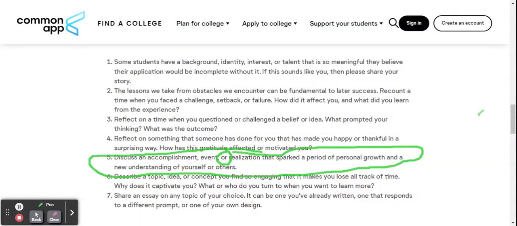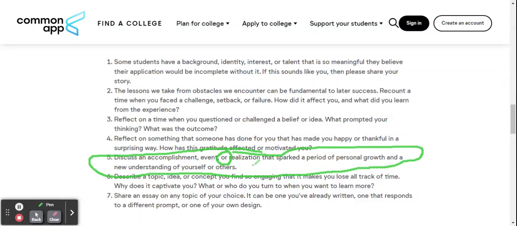So this is, again, where you're choosing and focusing on either 1, an accomplishment, 2, an event, or 3, a realization. Please understand, you're not discussing all 3 of these. You are just discussing 1 of these 3: accomplishment, event, or realization.